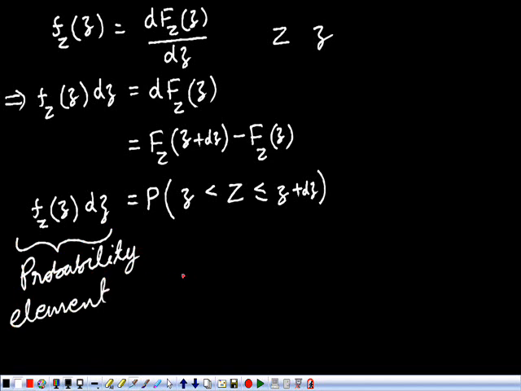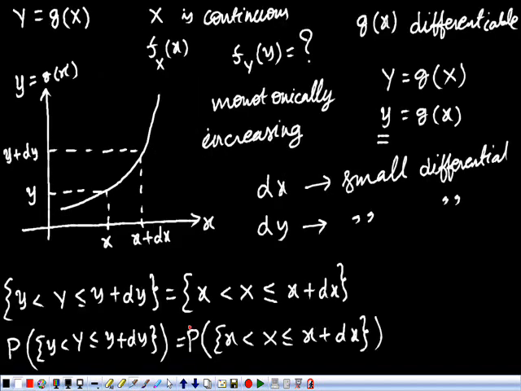Probability element of the random variable z. Understood this? Now, you see the previous slide. Can I write this as fy of y into dy?